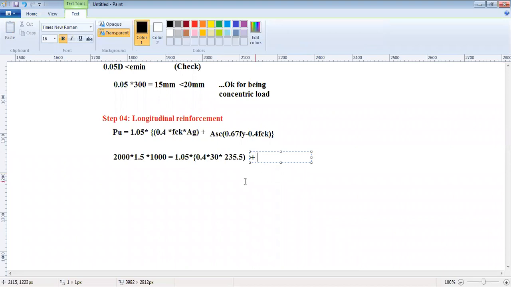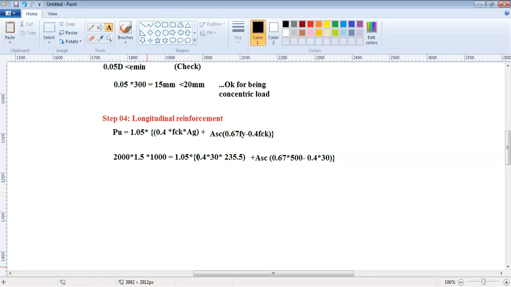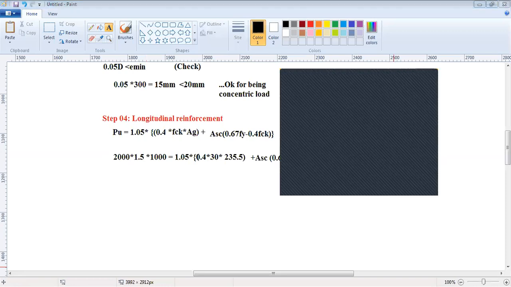Plus, you have here another bracket. Asc is what you need to determine, 0.67 into 500 minus 0.4 into 30. So Asc now you have to determine.